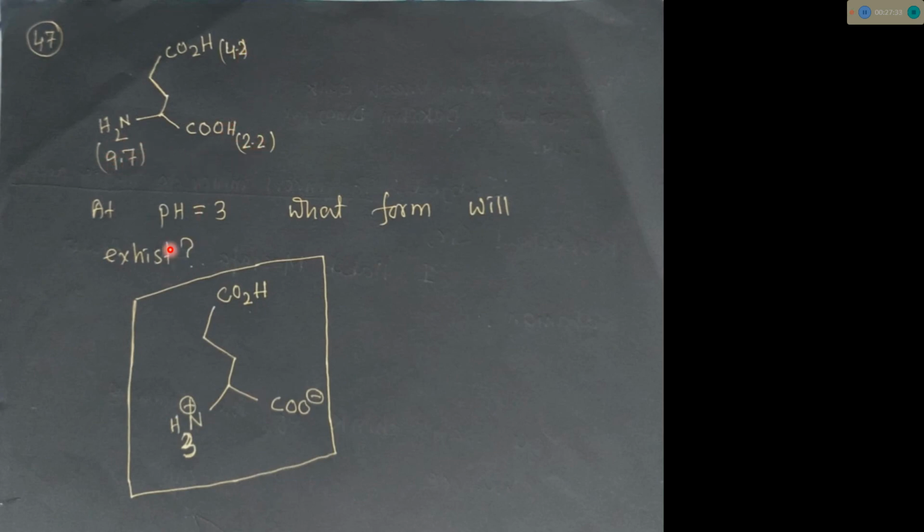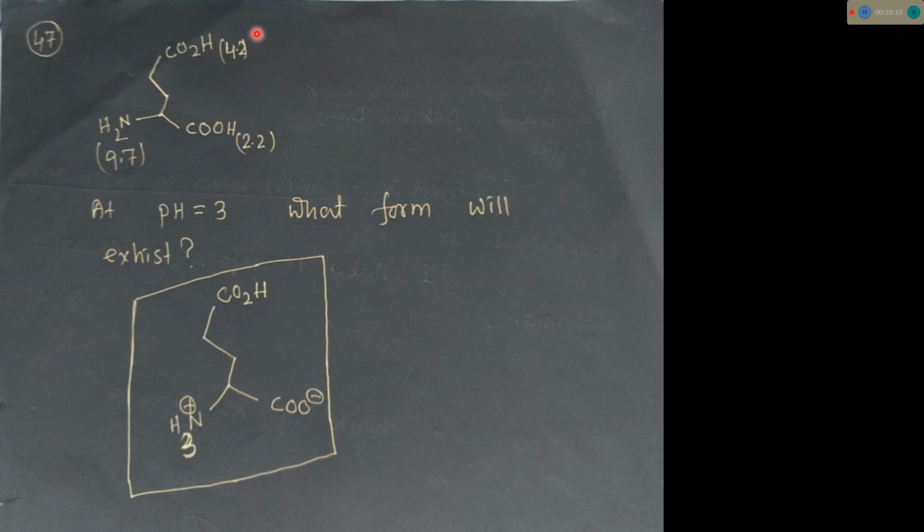So at pH 3, only this carboxylic acid will deprotonate, because the pK value of this hydrogen is 2.2, which is less than the pH. That is why this carboxylic acid will turn into a carboxylate anion. The pK value of this other carboxylic acid hydrogen is 4.2, but the pH is 3, which is less than the pK value.